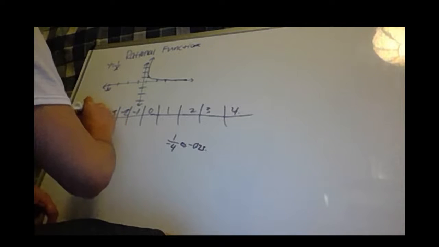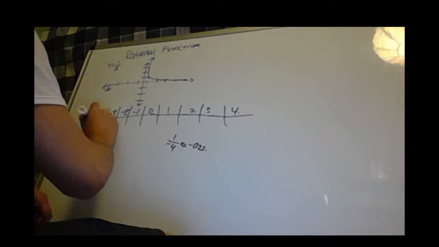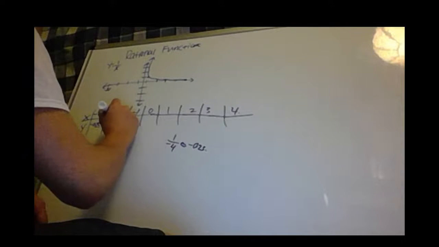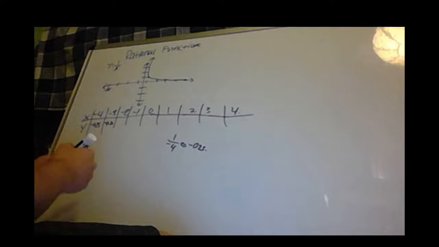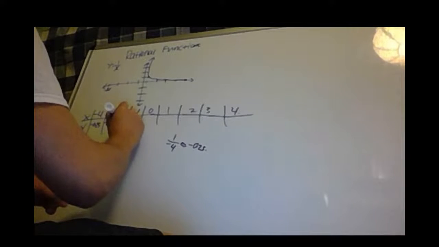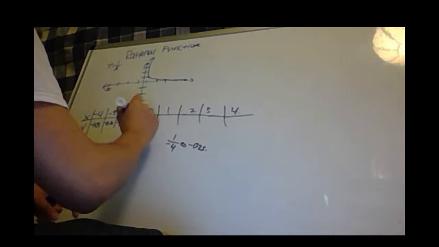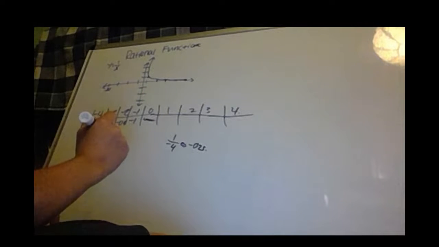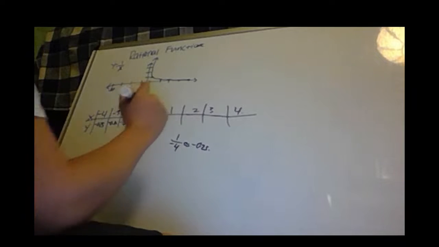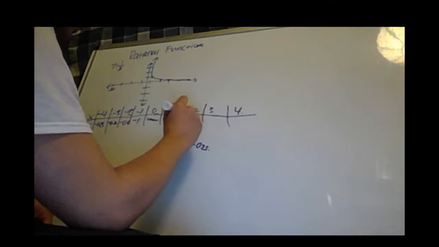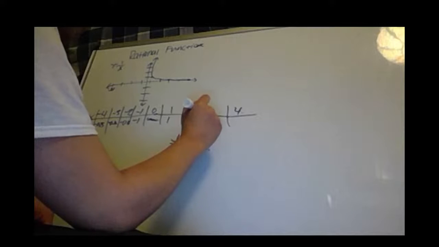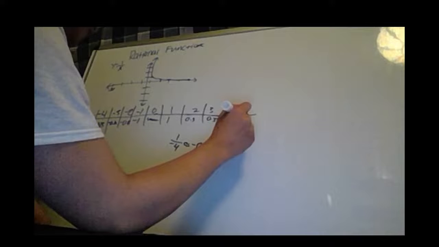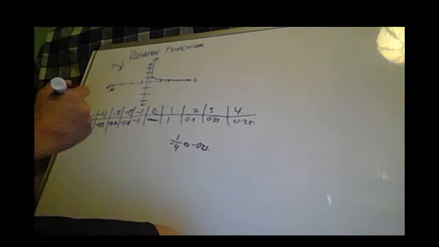So we have negative 0.25, negative 0.33, negative 0.5, negative 1, and then this is undefined, because 1 over 0 is undefined, right? And then we have 1, 0.5, 0.33, and 0.25 for x equals 4, right?